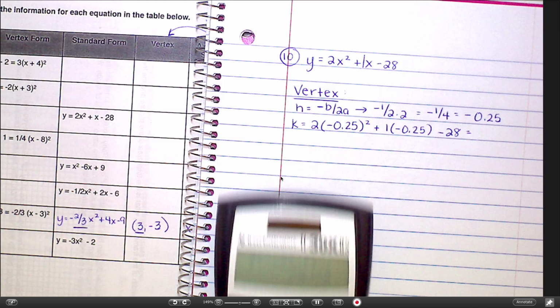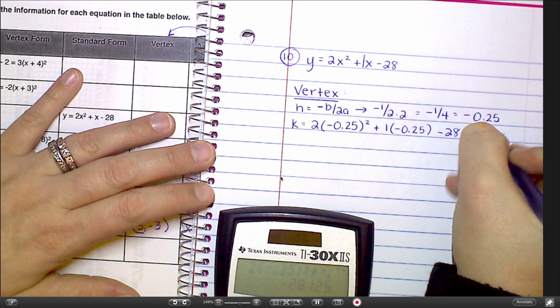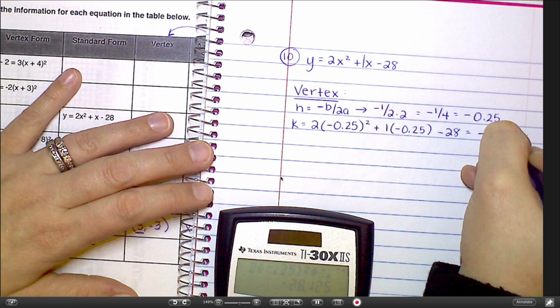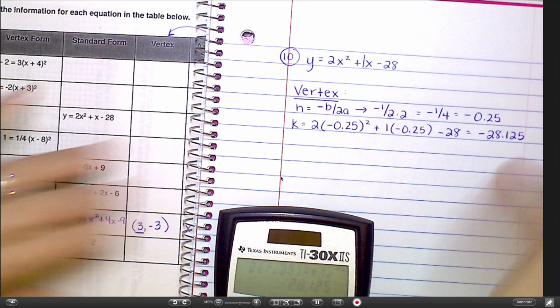I get negative 28.125. It's kind of a weird one, but that is correct.